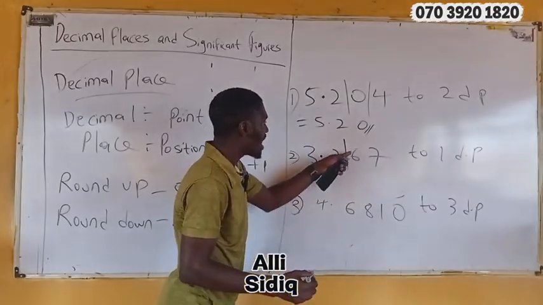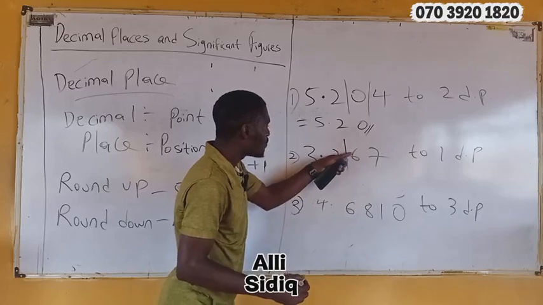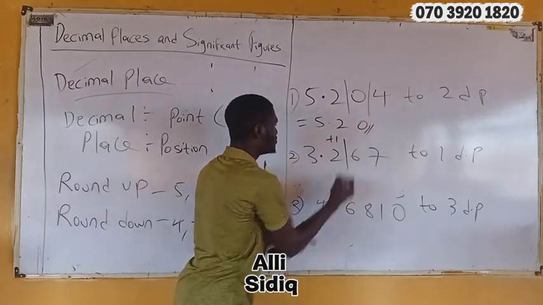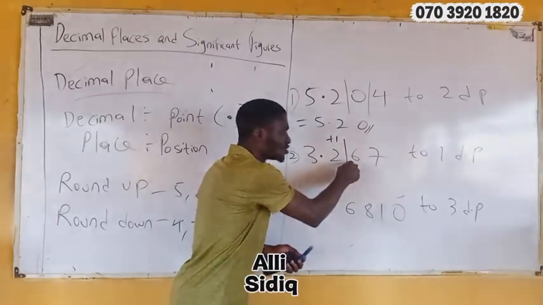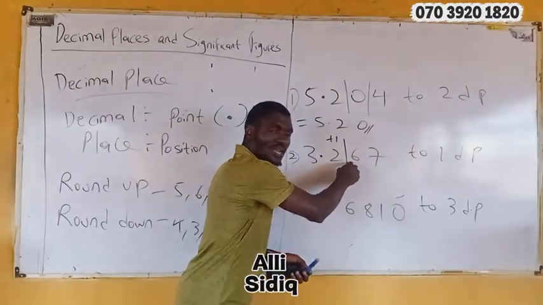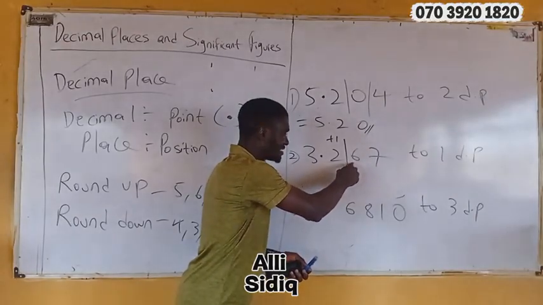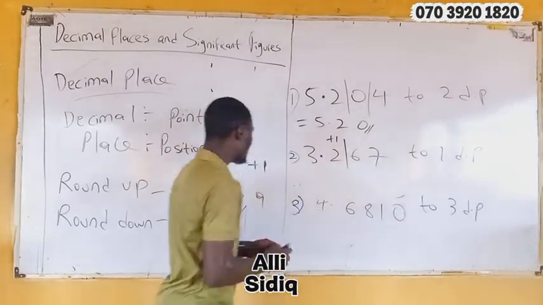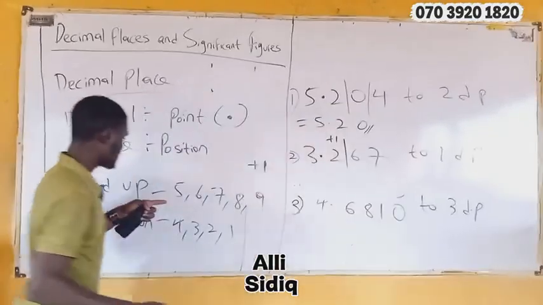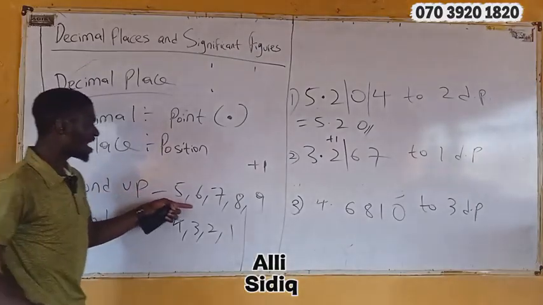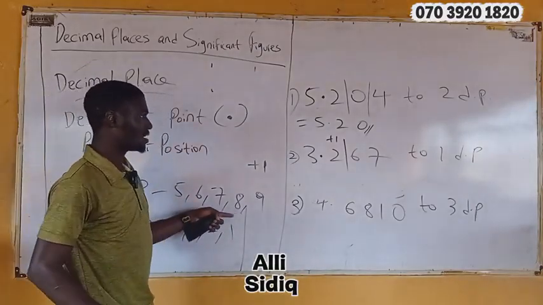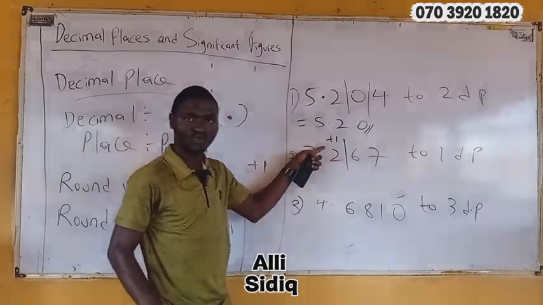So what will I do? I will add +1, because the number here, 6, is more than 4. That means I'm going to round up. You round up when you have 5 and above.